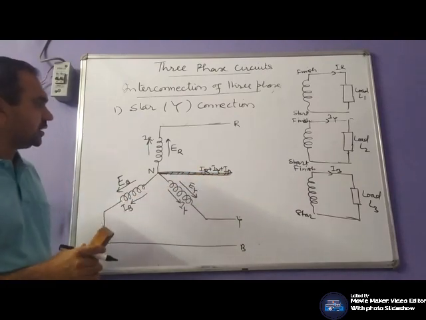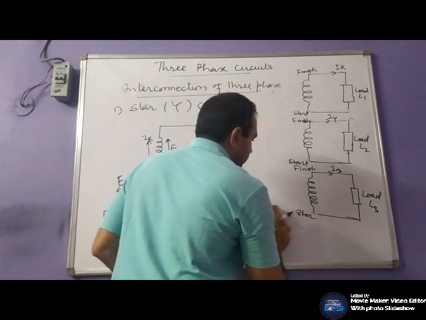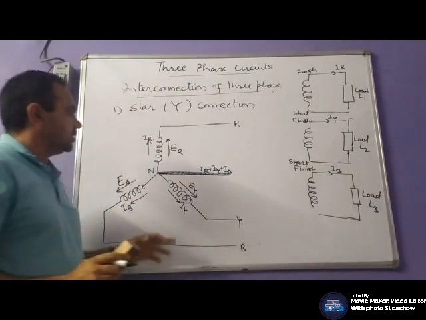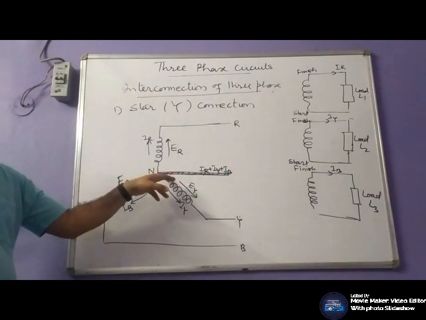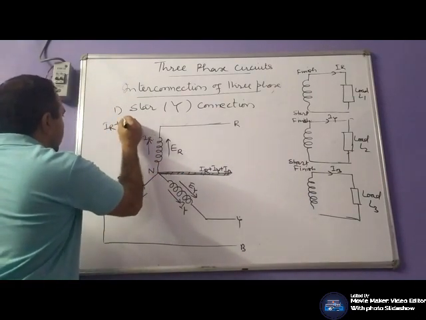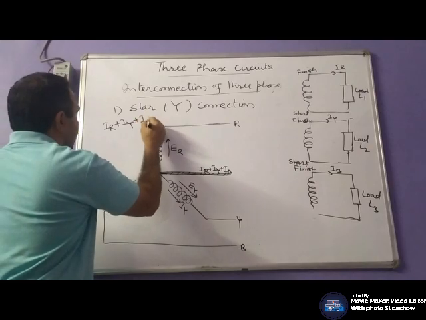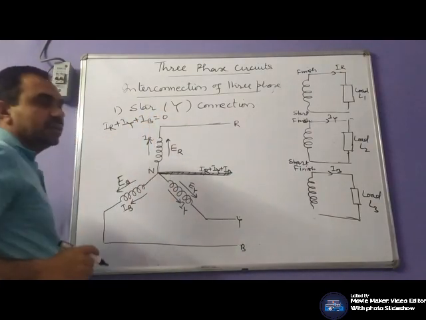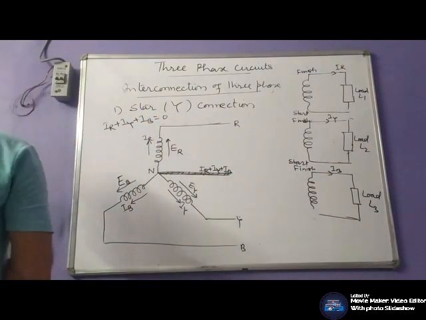The resultant current in the neutral should be 0. IR plus IY plus IB, if the system is balanced, would be 0.